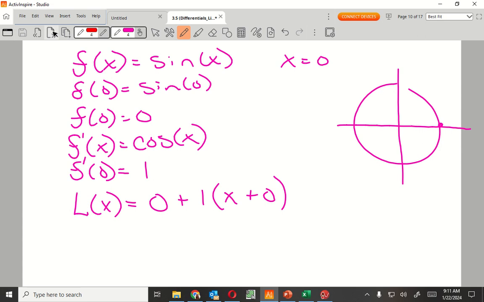And what's that going to give me? It comes out to just be the linear approximation is 1x, out of all those zeros that just go away. All you have to do is plug into the formula the things that we already know. Yeah? Okay.